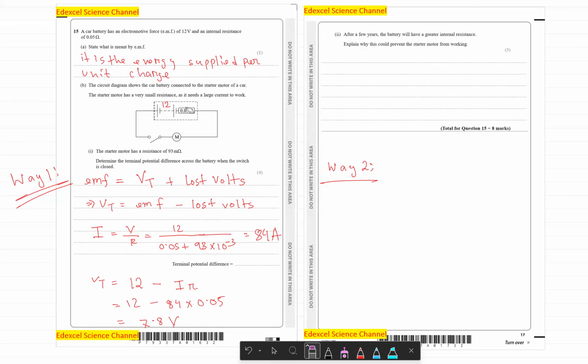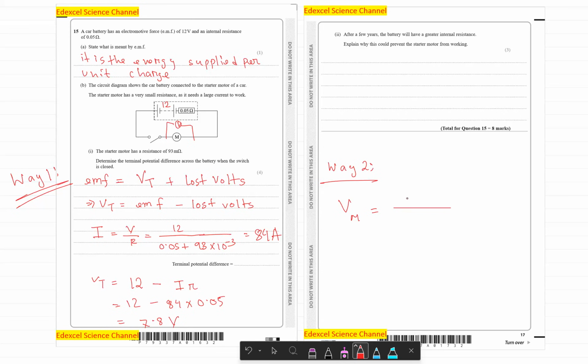So I can use the ratio of resistances to find out the potential difference. So in this case, I have to find out the voltage around the motor. So I can say that voltage across motor is equal to the ratio of its resistance.